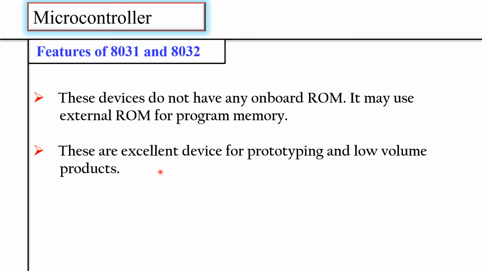They all had the same architecture, but the only difference was in their memory size. Clear? So these are the family members of 8051, and we have seen the features of all of them.